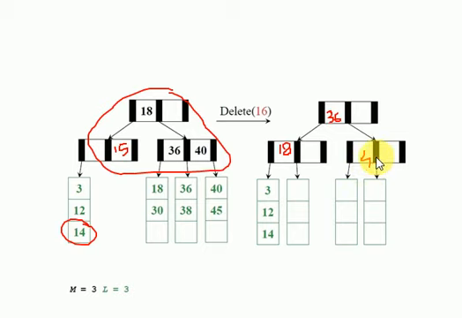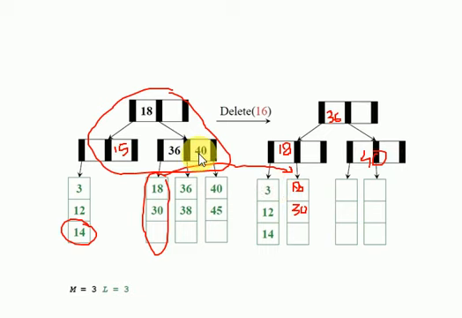If you look carefully, what has to be done now? This node 18, 30 should shift to this point. So this 18, 30 will shift over here, so we'll get 18 and 30 here. Now what about this 40 over here?